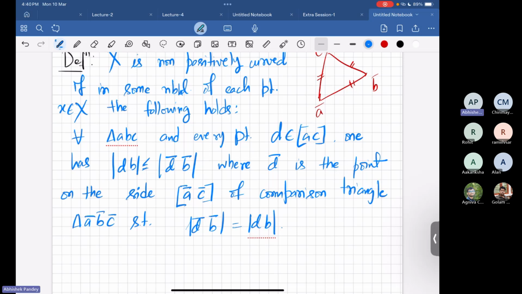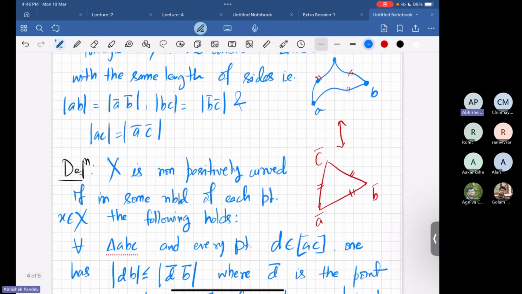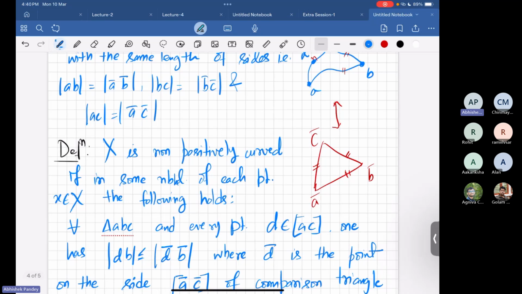Sorry. So this is, let us say, any point D on this side, and we will take its image on this one, and this will be your D bar.